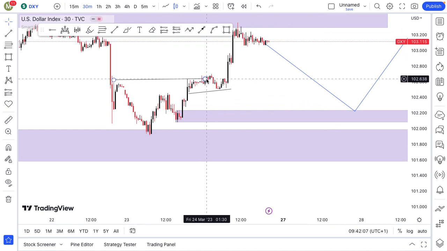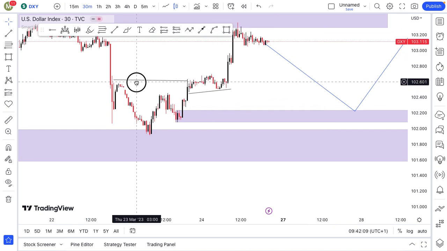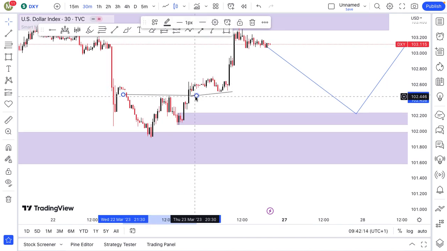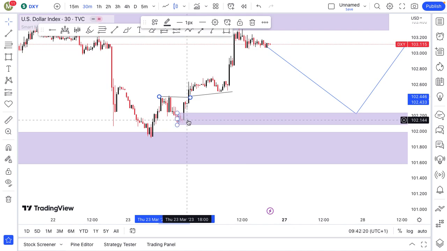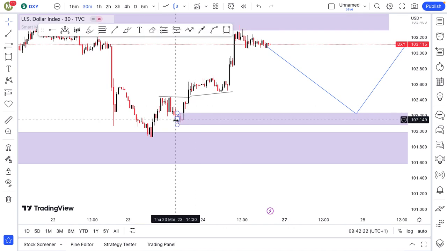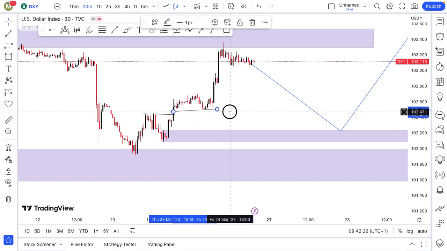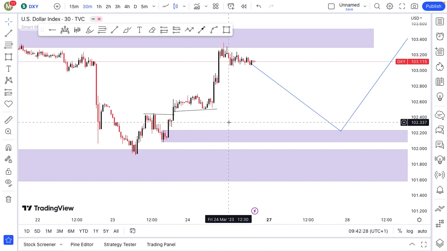So we have our break of structure here, change in character here, sorry. And you look at the zone that caused the change in character, and you see that it left behind a demand zone that we can expect price to retrace from, and this is the kind of liquidity that is created. So first, we identify the zone that caused the change in character, and we've seen the liquidity formation around here now.